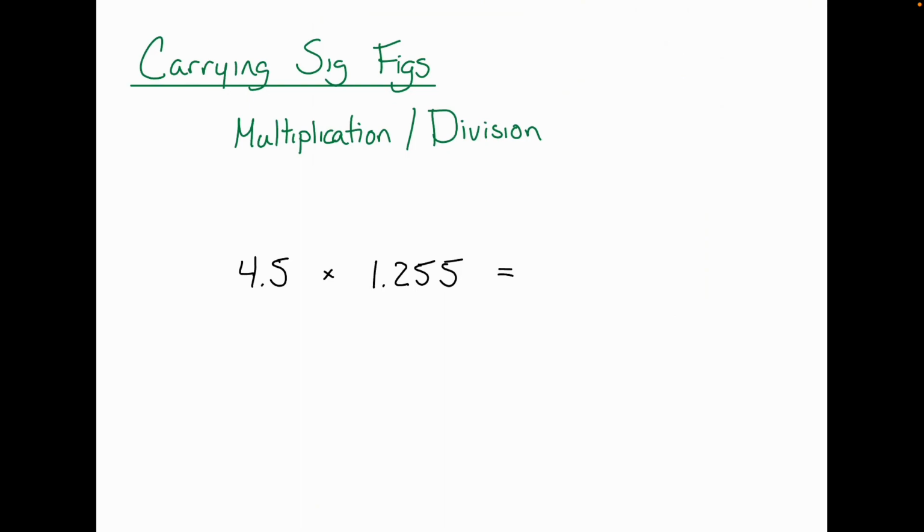So you're going to get your calculator out. You're going to go 4.5 times 1.255, and you're just going to write down a whole bunch of digits, right? Write down whatever your calculator gives you here. So 5.6475. Okay, so step one is just do the multiplication or division.